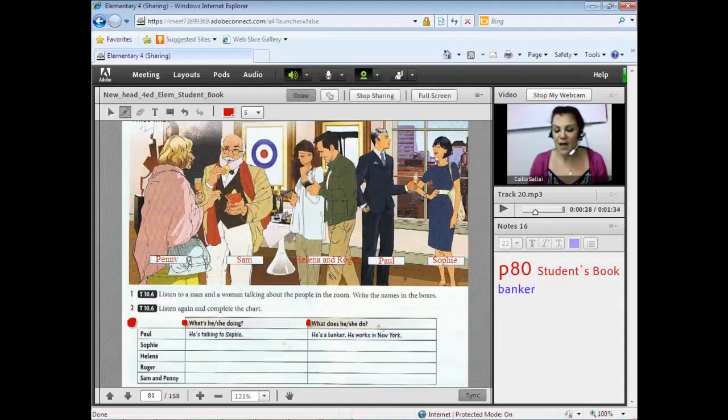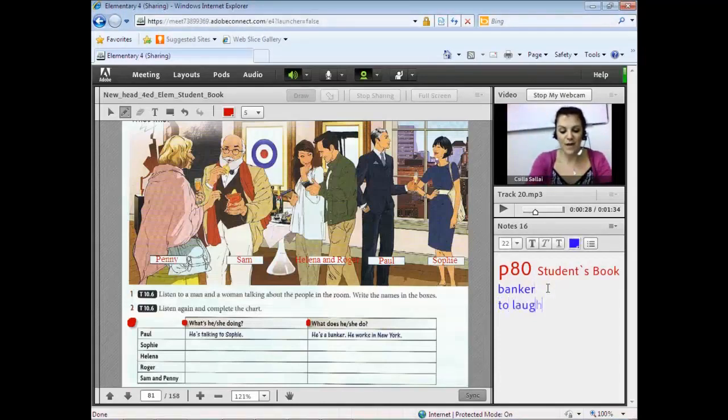But before we move on with the listening, I'd like to make sure that you know the meaning of some more words. What about laugh? What does the verb laugh mean?